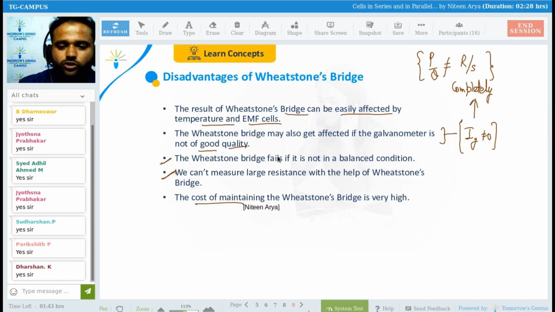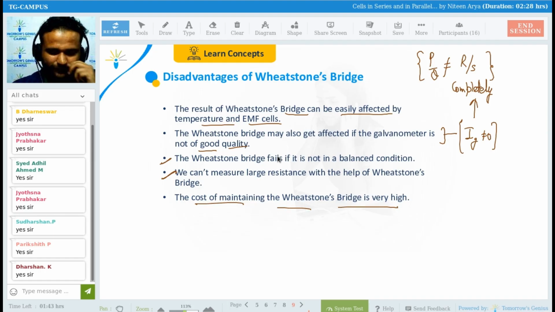Important one: the cost of maintaining the Wheatstone bridge is very high. You can do the experiment with the help of this Wheatstone bridge concept with the meter bridge in your first year of graduation or in class 12th also. In good schools, or maybe even mediocre schools nowadays, we have a meter bridge.